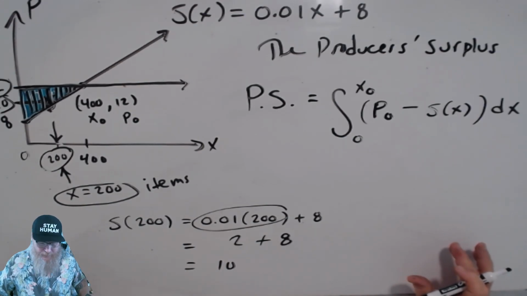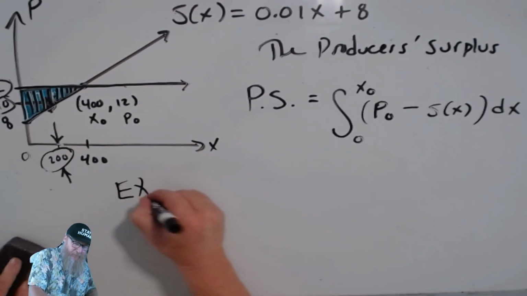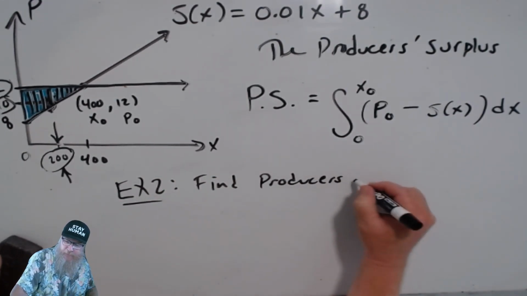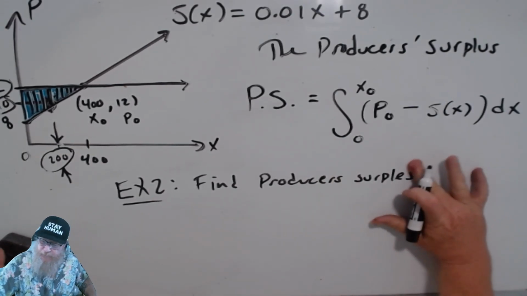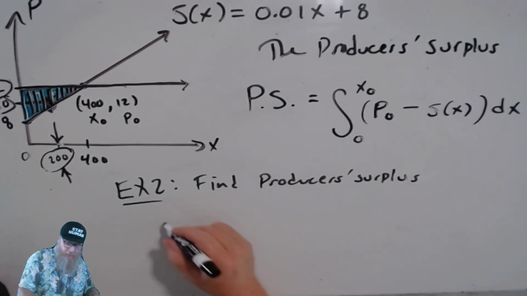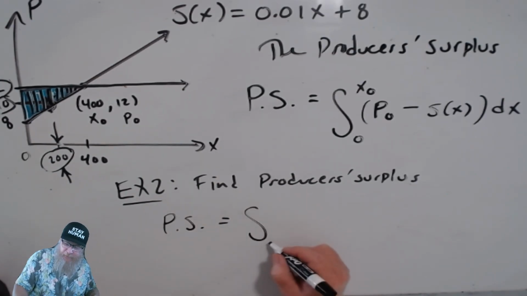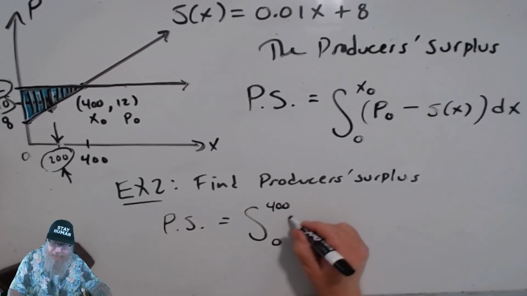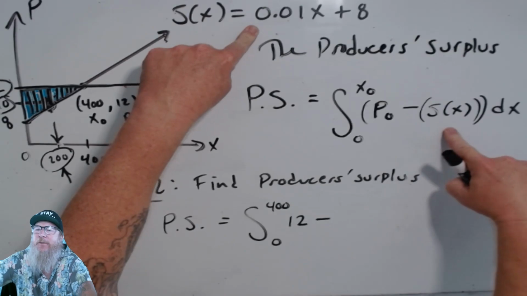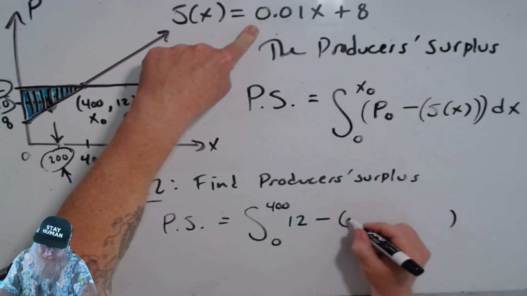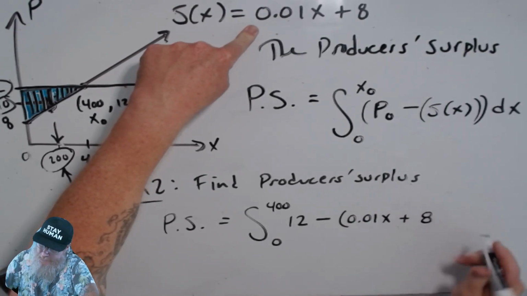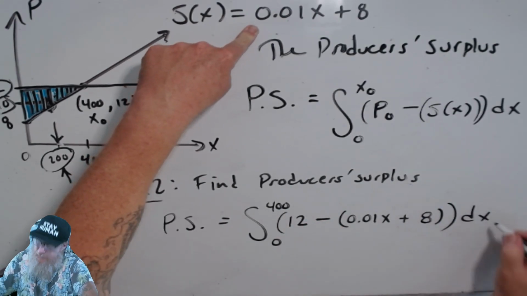All right, so I'll just call this example 2. Find the producer surplus. So we got PS is the integral from 0 to 400 of 12 minus, now be careful with this one, I would add an extra set of parentheses here so that when you put in your supply function, you don't mess up the signs.